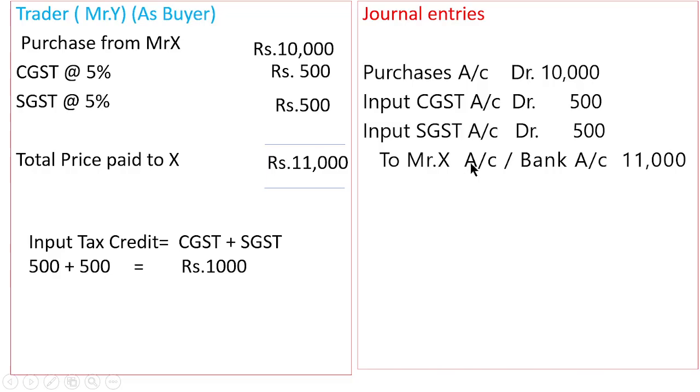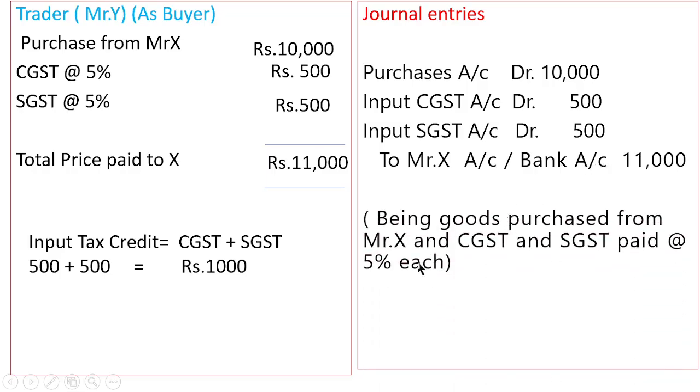If paid, he can write bank account. So either Mr. X account because it's a payable, or if paid, bank account. So purchase account debit, input CGST account debit, input SGST account debit, to Mr. X or bank account, total 11,000. Being goods purchased from X and CGST, SGST paid at 5% each.